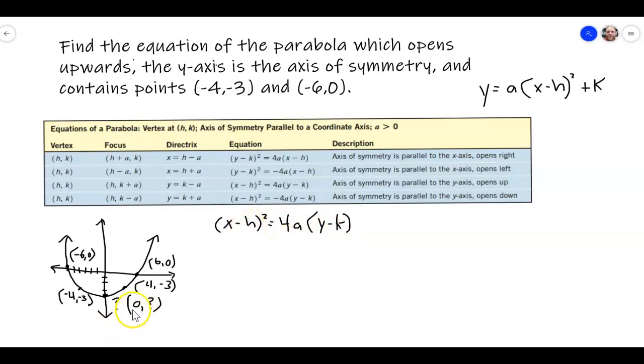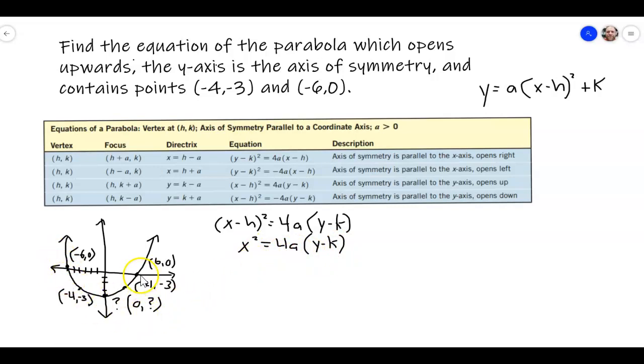So we already know that the x value of our vertex is 0. So I can already reduce this to something like this, 4a times (y minus k). Now, I don't know what my a is, and I don't know what my k is, but we do have values for x and y.